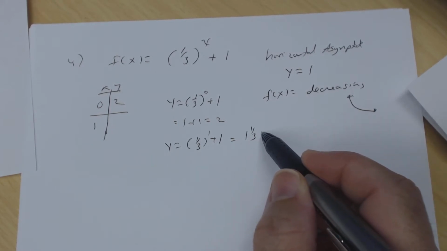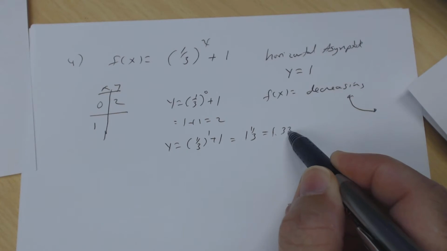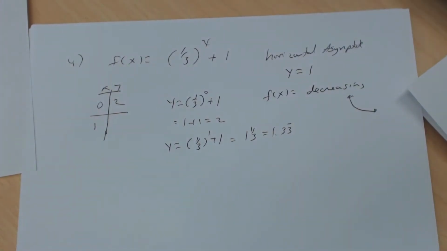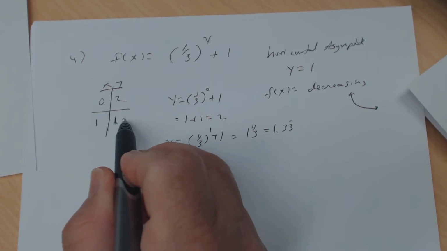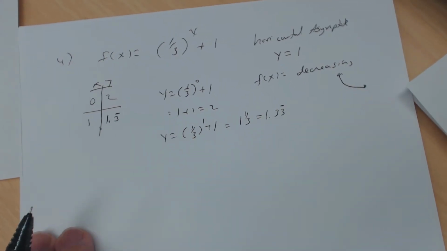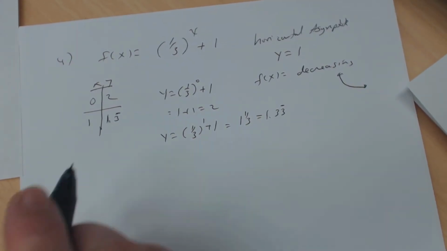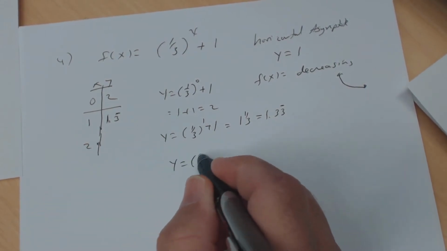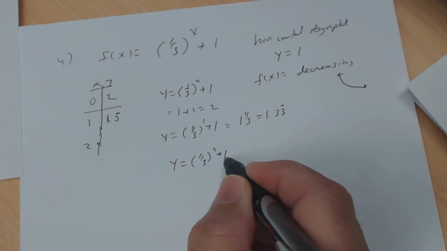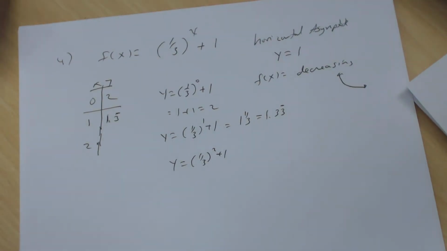So that's equal to 1.33 repeating. The 3 is repeating. If x is 2, I get y equals 1/3 to the second power plus 1. Use your calculator with that one.